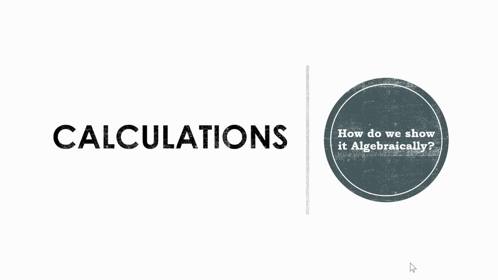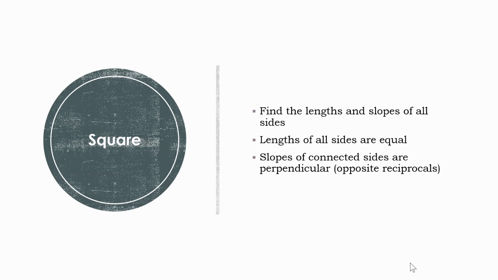So I have these characteristics, and how do I show them algebraically? How do I write down math, write down numbers, that helps me prove to someone that yes, I'm dealing with a square or a rhombus, or which shape do I have? All right, so a square. You're going to find the lengths and the slopes of all your sides.